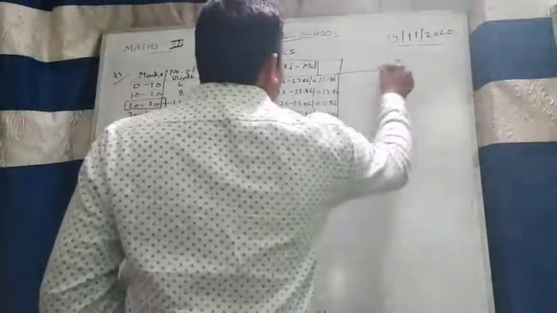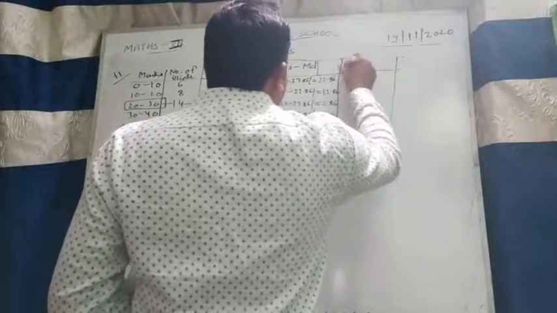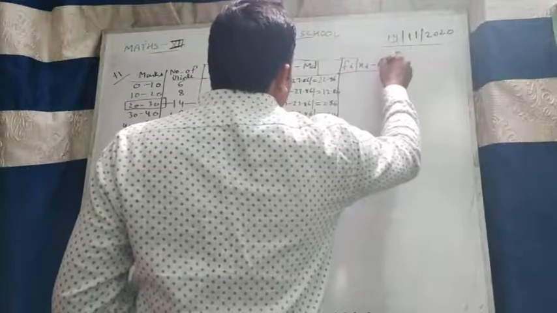Now we will next find the multiplication of Fi and modulus xi minus median.